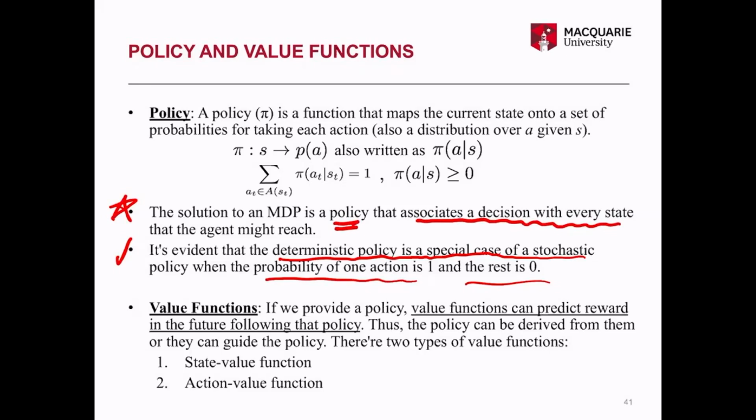Now, what exactly is a value function, or a table of values in this example today, tabular methods? If you provide a policy, value functions can predict the reward in the future of that policy, and a policy can be derived from it. So I guess a good analogy for a value function is an advisor. It doesn't really tell you what to do, but it presents you with the value of each action in a certain state.